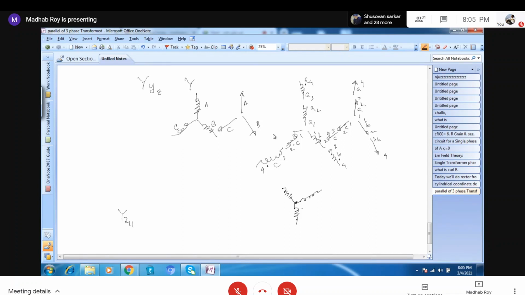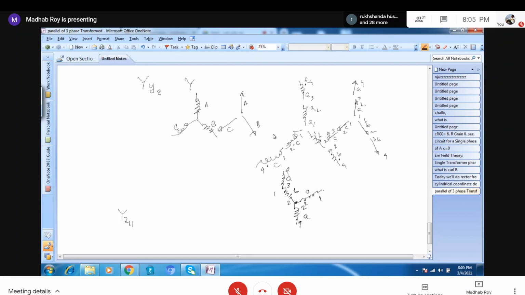So what does it mean? We are connecting two terminals here and one terminal here, it is A. We are connecting two terminals here and one terminal here, it is for C. We are connecting two terminals here and one terminal here, it is for B. Now the winding is connected like this, that is A, here 3, here 4.